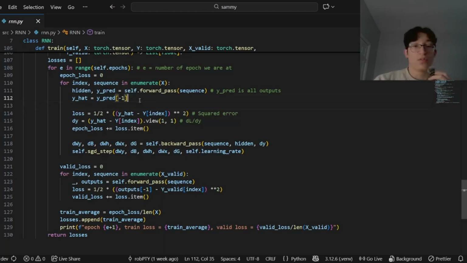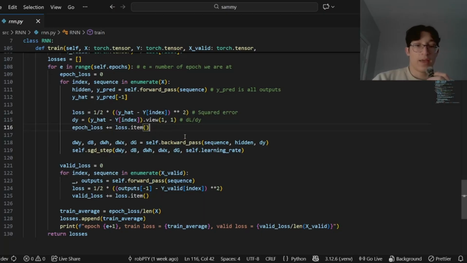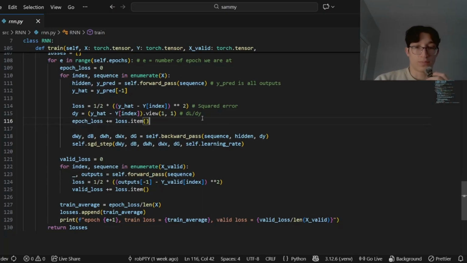The final output, or like the prediction, is at the last index because that's the final output of the network, right? So that's our y hat. Here we're calculating the squared error as we saw before, and here we can calculate dy, which is just the difference between the actual prediction and the label, and we add it to the epoch loss.